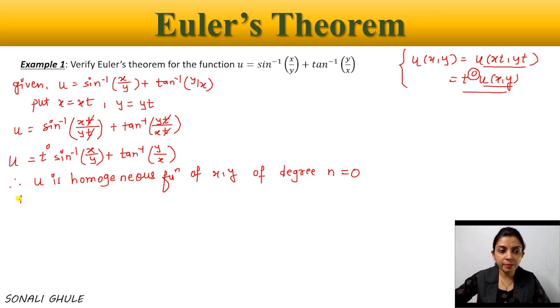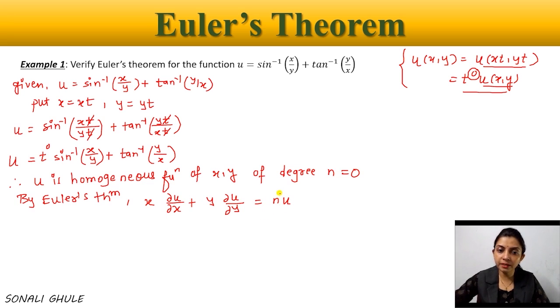So I can write by Euler's theorem, if your function is homogeneous and it has a degree, then by Euler's theorem, what can I write? Yes, the original statement we have to use here to verify. That is x into dou u by dou x plus y into dou u by dou y equals n into u.